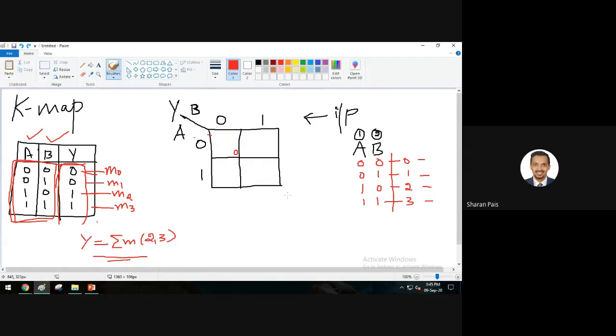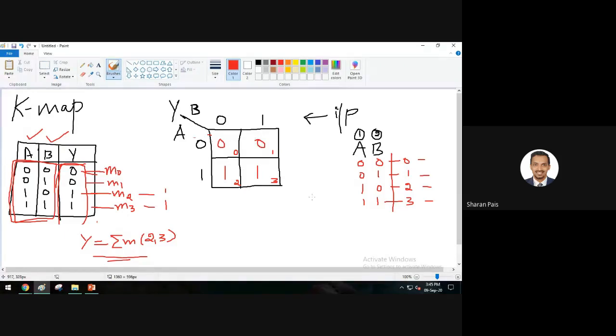I'll write only the positions. First one is 0, second one is 1, third one is 2, fourth one is 3. Then in the equation, only this and this are having high. So 2 and 3 are having high and the remaining are having 0. Write it directly. This is one more way of writing.